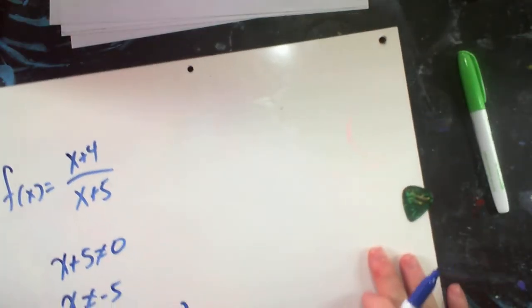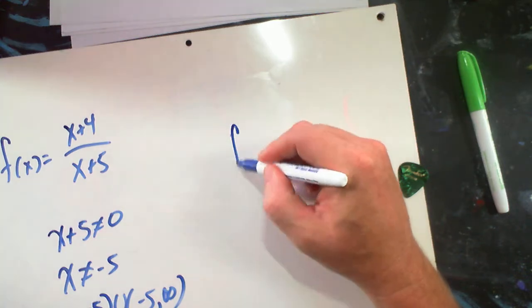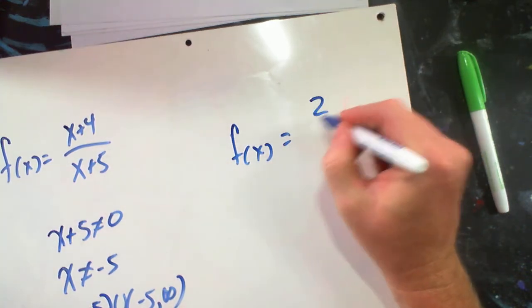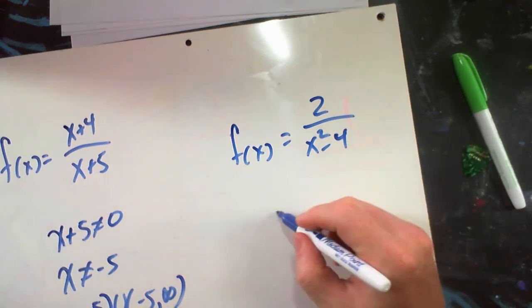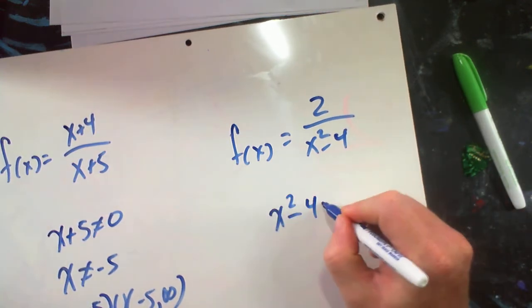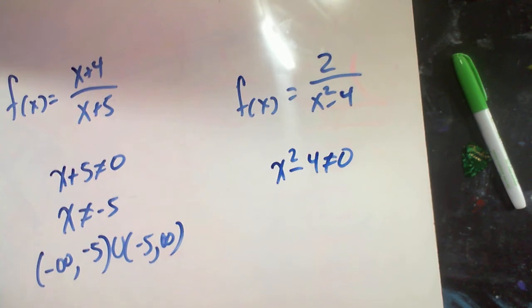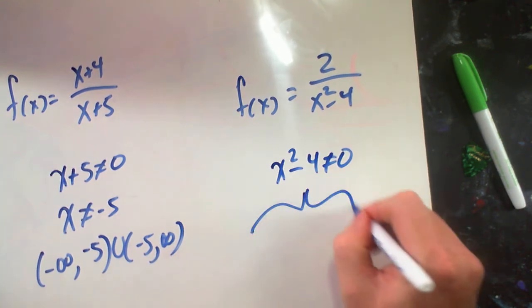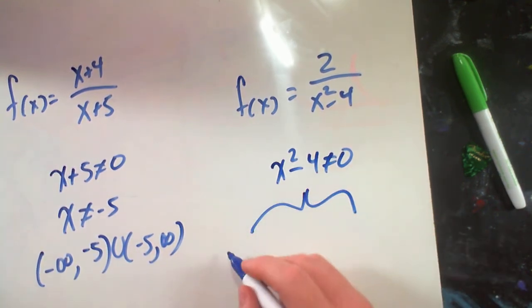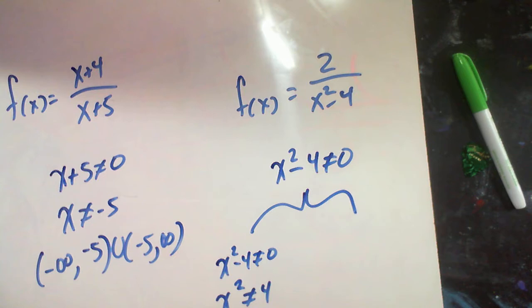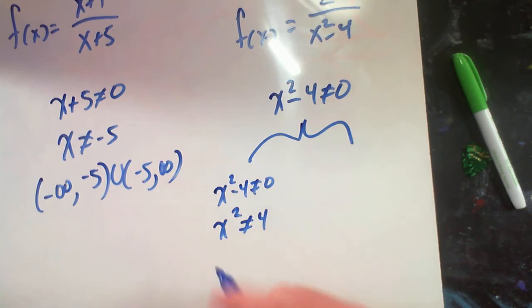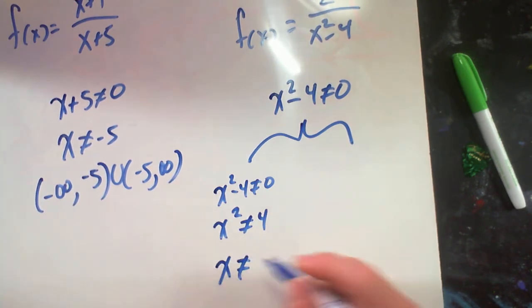In this last one, you have f of x equals 2x over x squared minus 4. Now, you take that x squared minus 4, set it not equal to 0. There are two different ways you can get the same answer. X squared minus 4 not equal to 0 means that x squared is not equal to 4. Take the square root of both sides, and x cannot equal plus or minus 2.